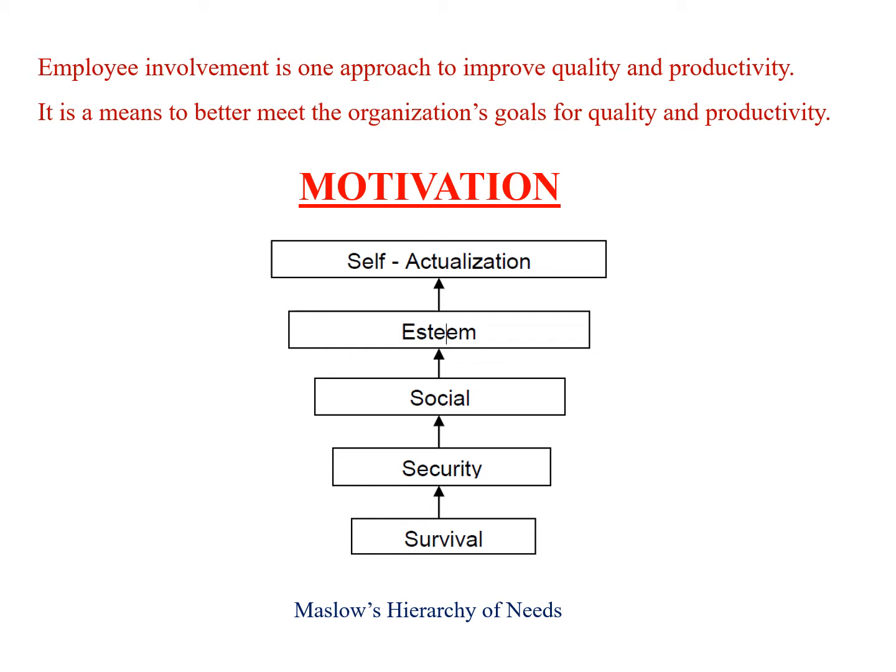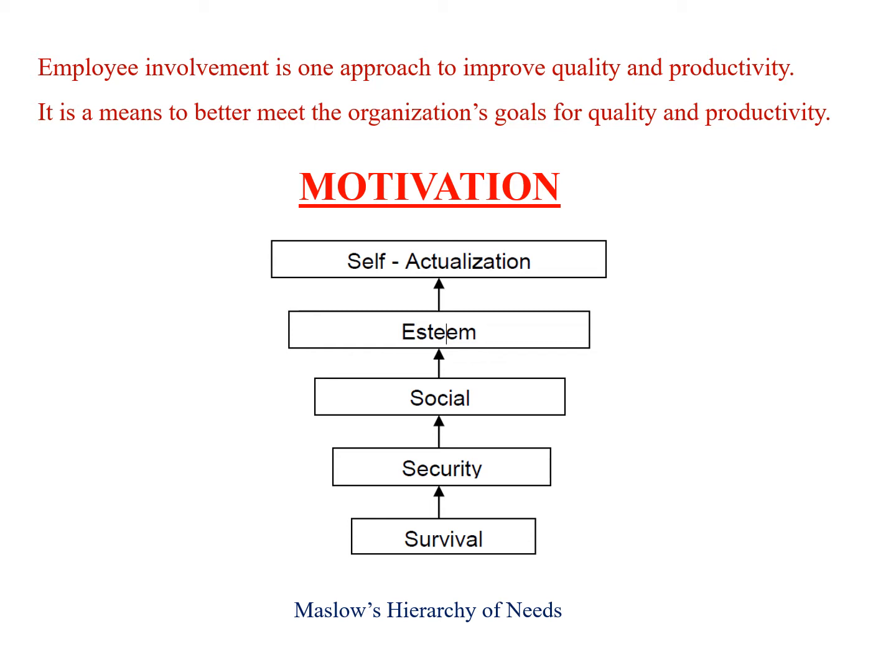To understand more about the concept of motivation, one of the first and most popular motivation theories was developed by Abraham Maslow. According to him, motivation can be explained in terms of a hierarchy of needs, and there are 5 levels: survival, security, social, esteem, and self-actualization. These are the 5 levels in Maslow's hierarchy of needs.